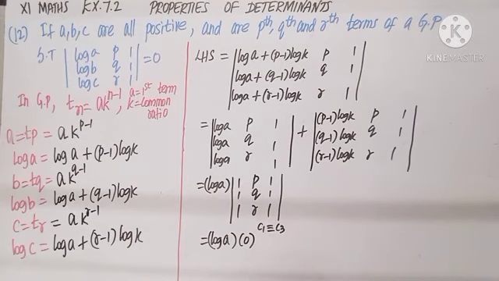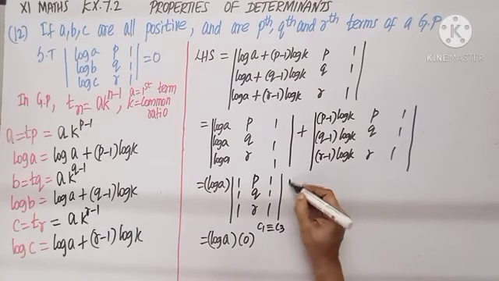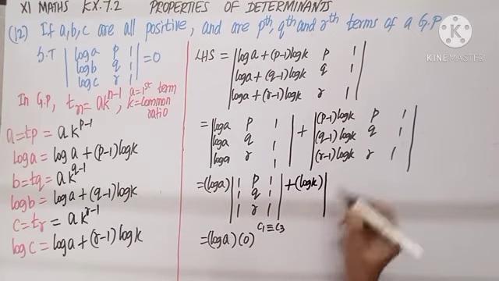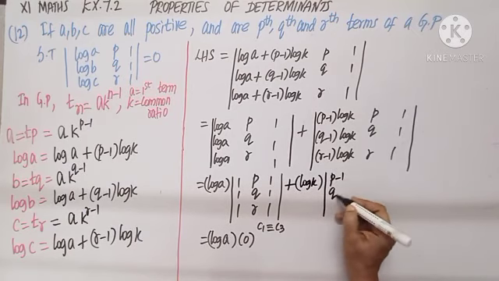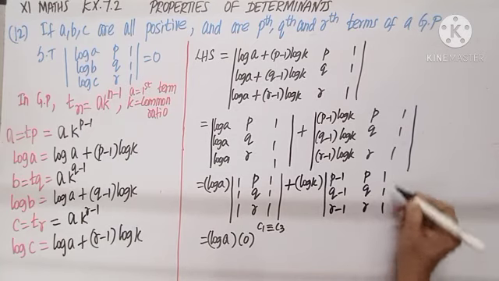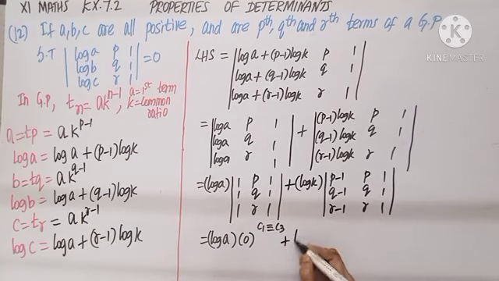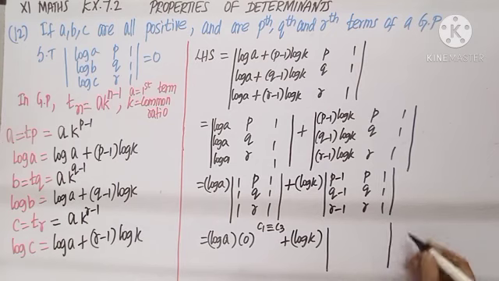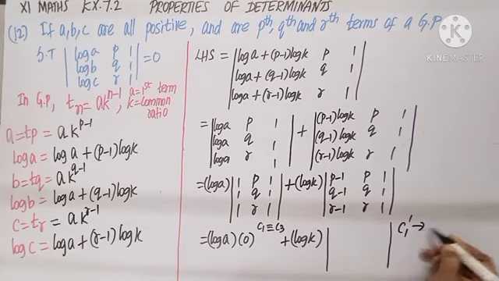First part is done. Coming up to second part. Here, log k is common in first column. I have p minus 1, q minus 1, r minus 1. Second and third column write as it is. Log k let me write as it is. This and this let me add. C1 becomes C1 plus C3.